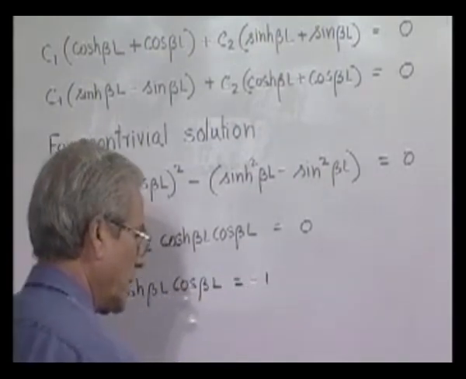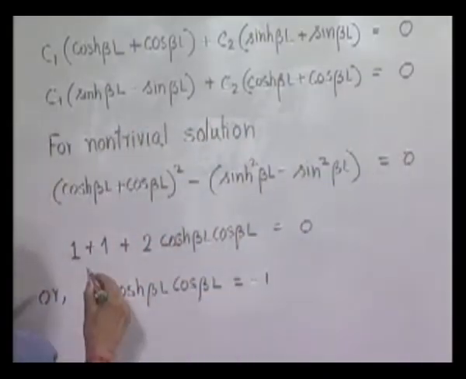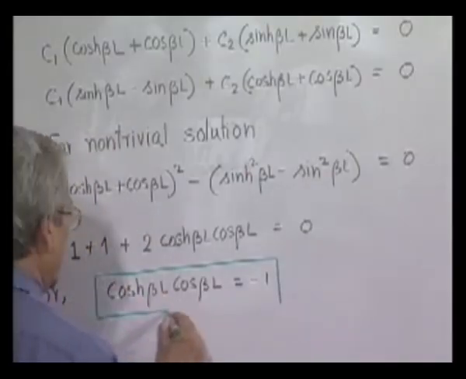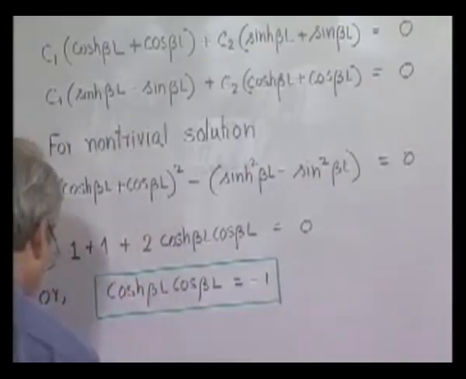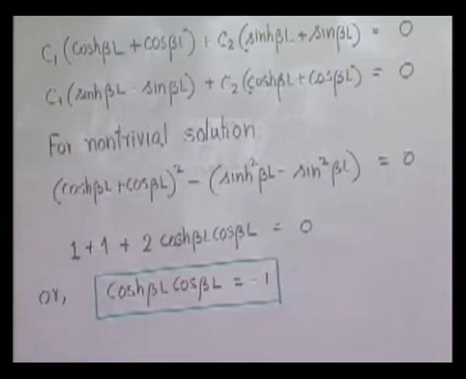So this transcendental equation, its solution will give values of beta for the case of a cantilever beam. So this has to be solved numerically or by looking into standard tables. I will give you the first three values.